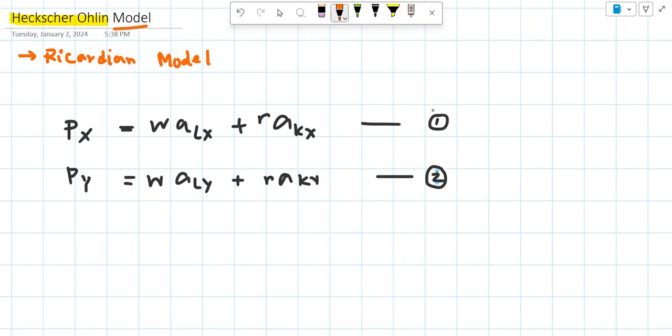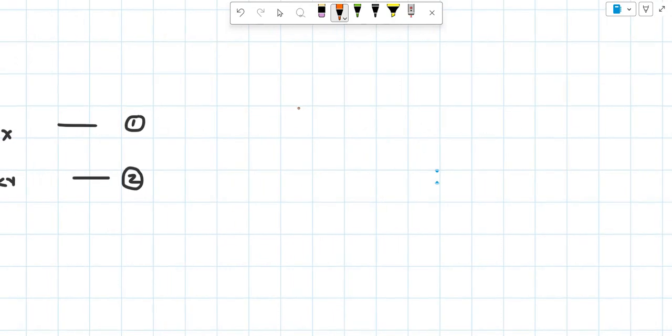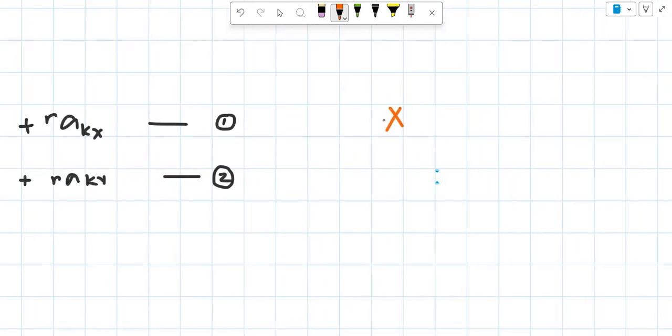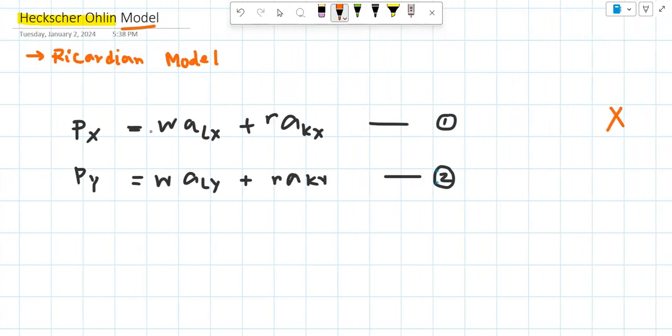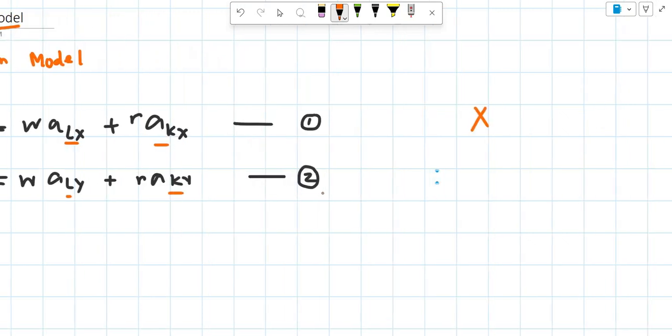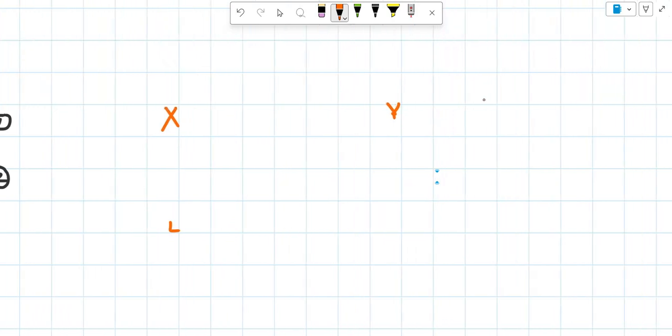Basically, the idea is that you can see these are the two sectors of the economy. So you have an X sector and you have a Y sector. And X sector uses inputs L and K. Similarly, Y sector also uses inputs L and K. So you have two sectors X and Y and you have two factors.